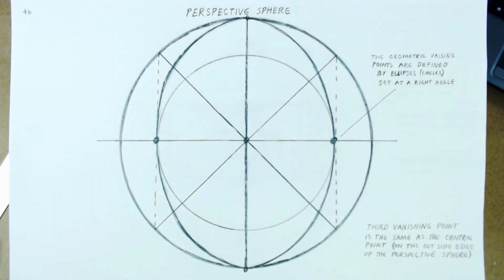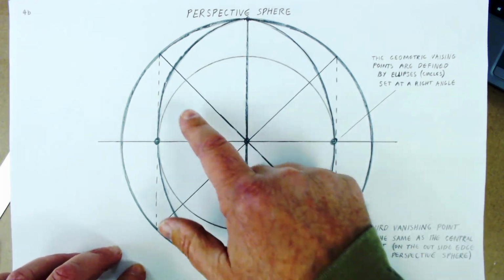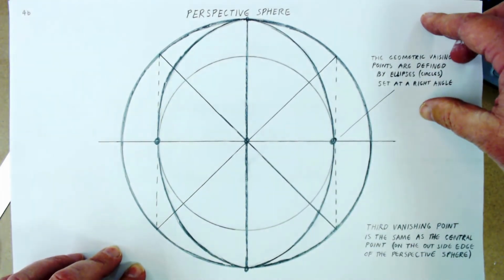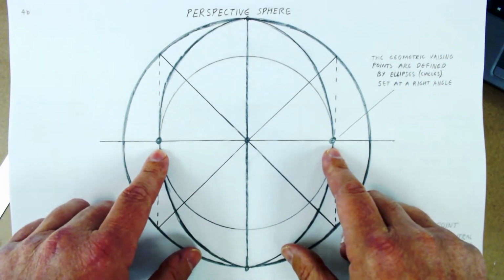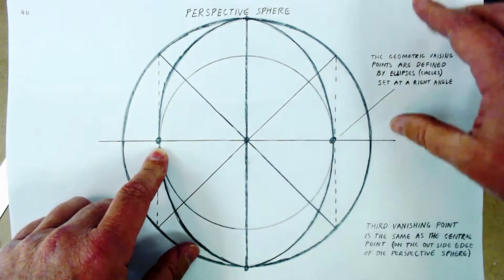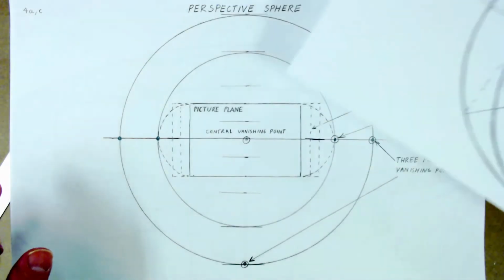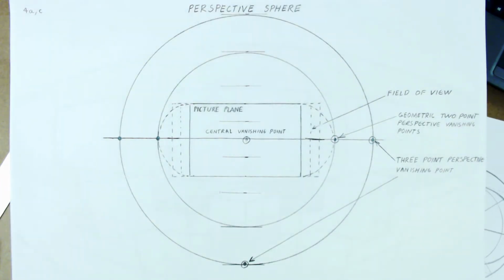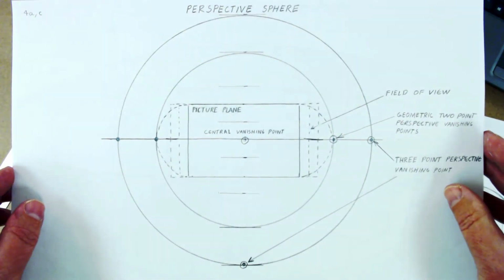Okay, Mr. Kuhn, you've got me convinced. I've got a perspective sphere now instead of just a horizon line. I've got these points here on each side, and they're there for a reason. Okay, cool, I've got it. So that allows me to make something a little bit like this here, right?